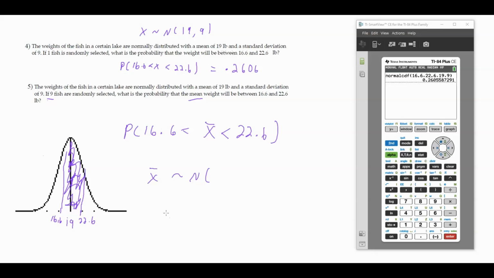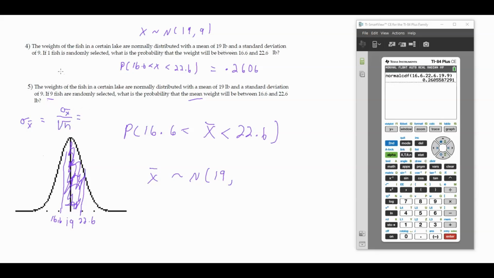In any event, X bar is going to be normal with the mean of X, so it's still 19. So the average of X bar is equal to the mean of the population. Then remember that sigma X bar, the standard deviation of X bar, is the standard deviation of the population, X, over the square root of n, your sample size.